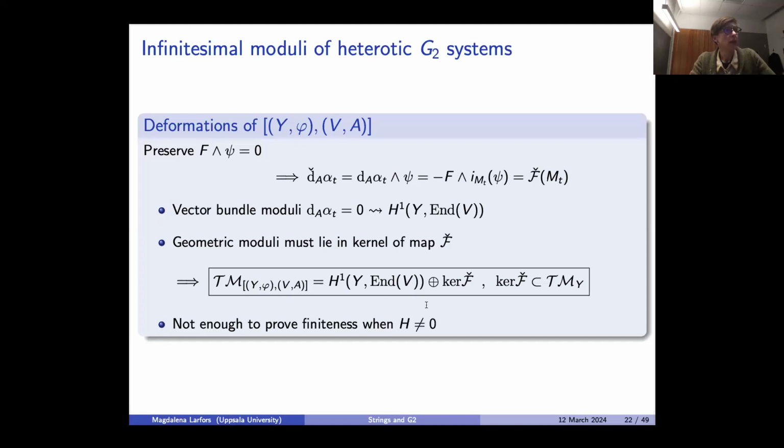So this means that our moduli space is not the full space of deformations that I had on the last slide, but it's the kernel of this particular map from this space. This is also not enough to prove finiteness when we have non-zero flux.